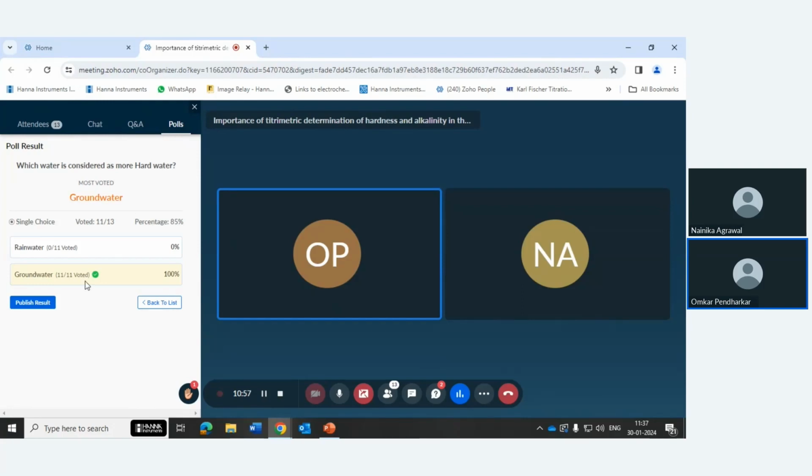Okay, so I'm going to publish the results. All of you have given the right answer. The groundwater is considered as more hard water because it contains the dissolved salts of calcium and magnesium.